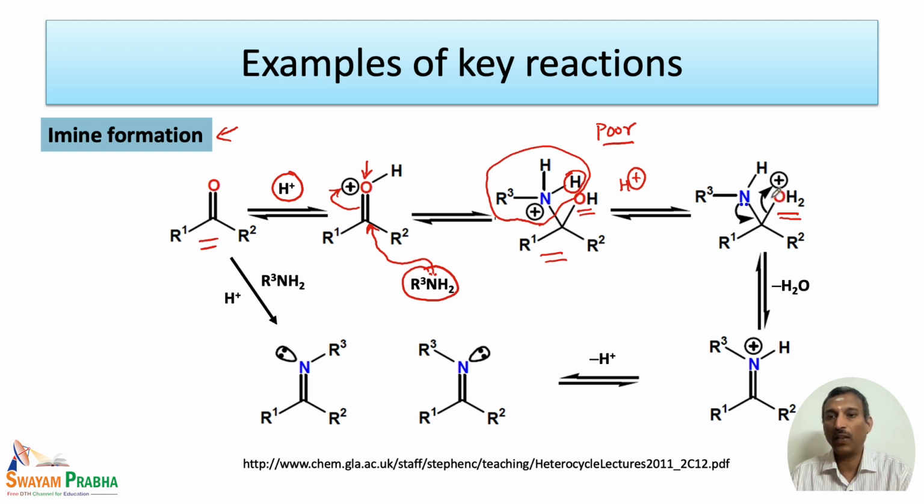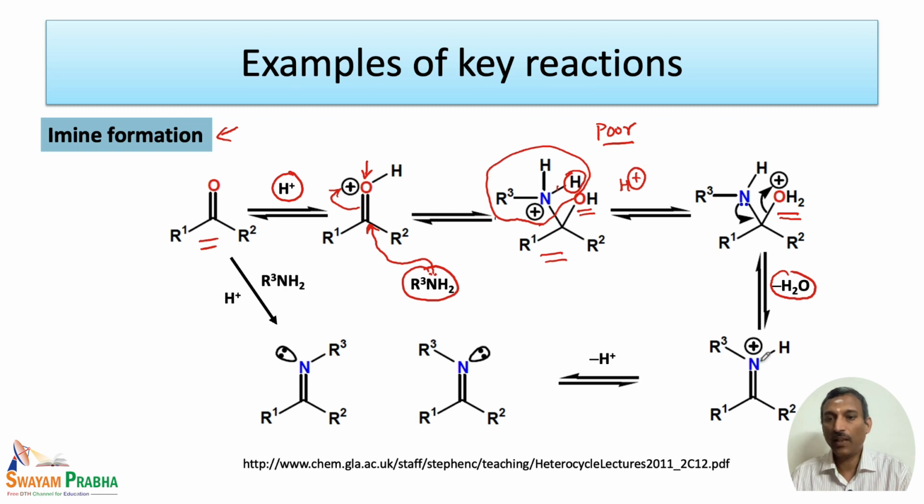When the proton is shifted, the nitrogen-hydrogen bonded electrons are given back to the nitrogen. So there is a lone pair, and now this lone pair comes in between the carbon nitrogen bond with concomitant removal of the water molecule.